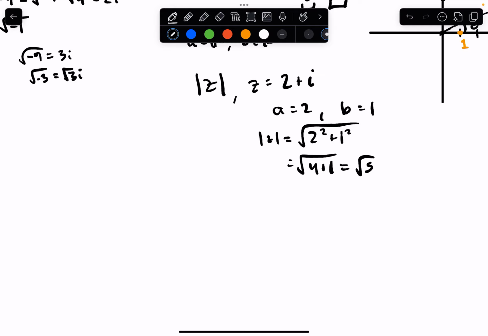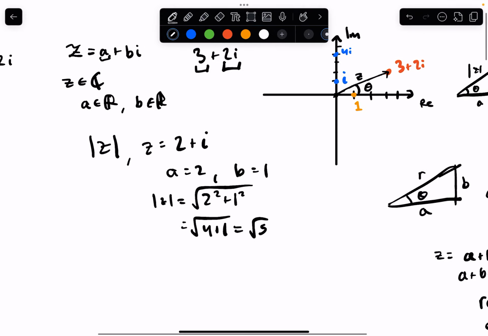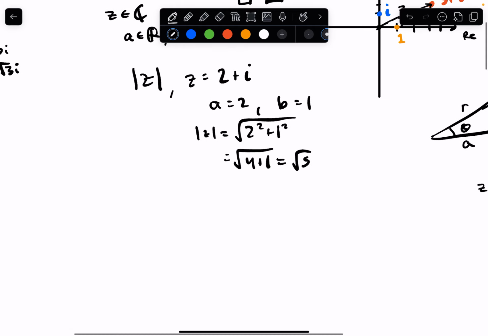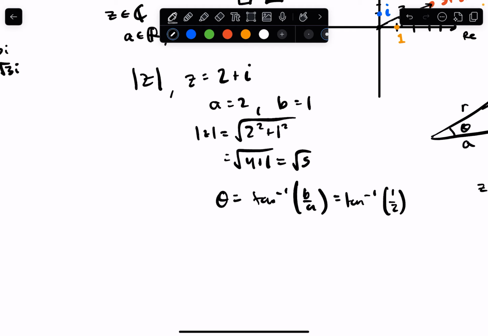Or you may be asked to convert these standard form complex numbers to the polar form. So you have here the magnitude is root 5, and theta, as we said earlier, is going to be equal to the arctangent of b over a. And in this case, b is 1, so it's going to be arctangent of a half. And typically you want to do these operations in radians.